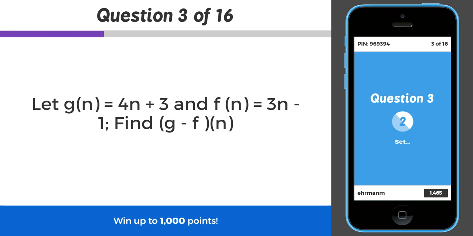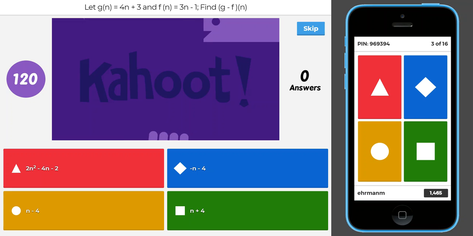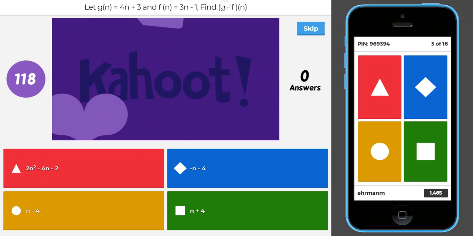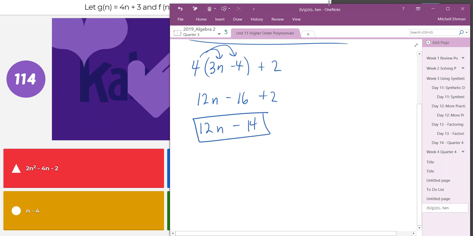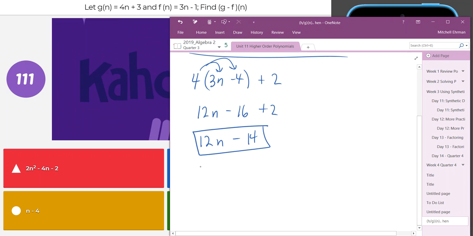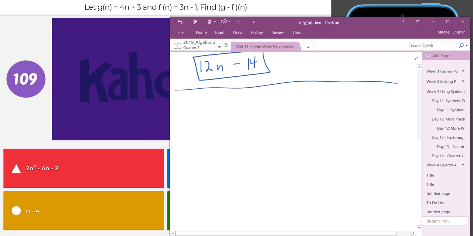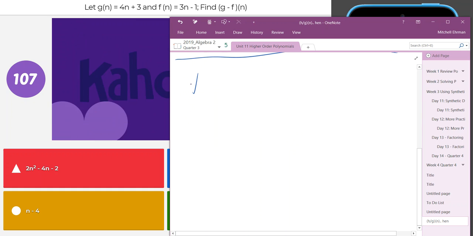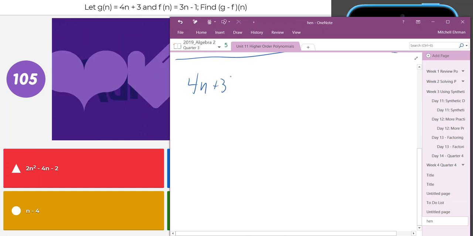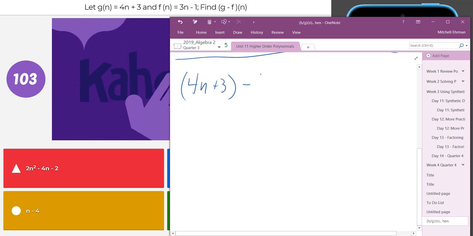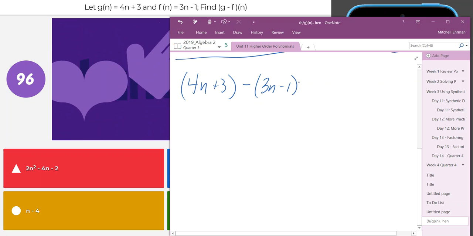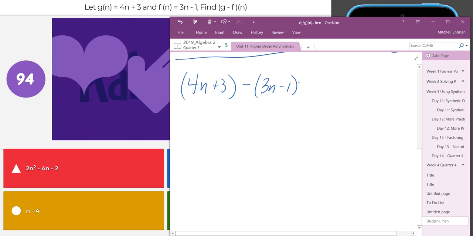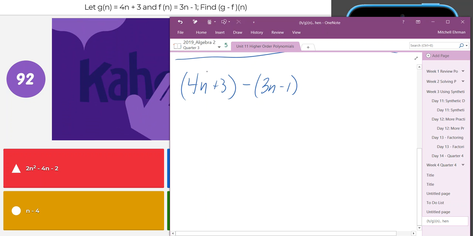Okay, and moving on. This time we've got two functions that need to be subtracted with one another. G minus f. Well, the g function comes first, so we have 4n plus 3. The g function must subtract the f function, so 3n minus 1. And we should understand that combining these two binomials is done by combining like terms.